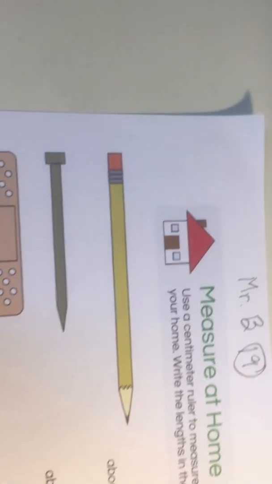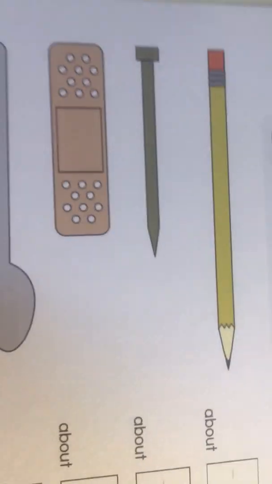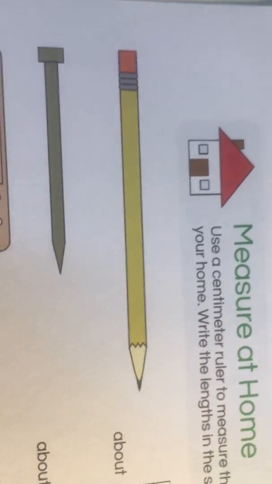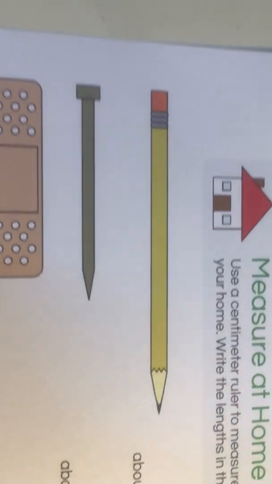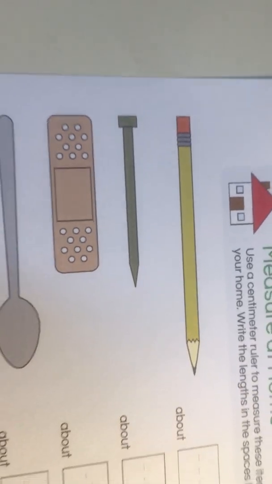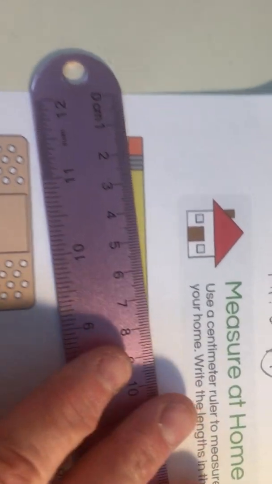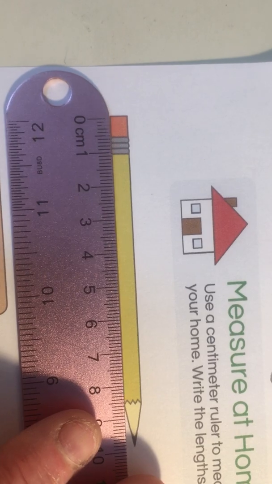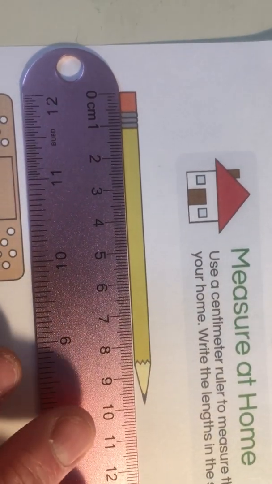Okay, and let's see. First, we're going to measure the pencil. All right, so take your ruler, put the 0 at the very beginning of the eraser.